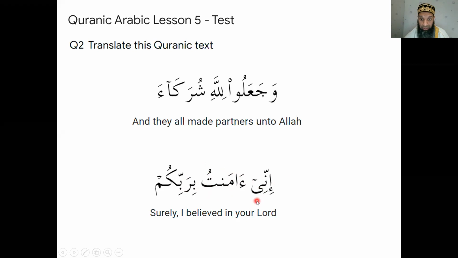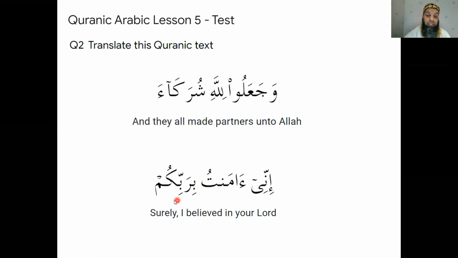It's not only saying it twice. Look, inni itself is emphasis. And then you go amantu, I, that means I did, I believed. So it's a double, extra emphasis. You won't get this in English.